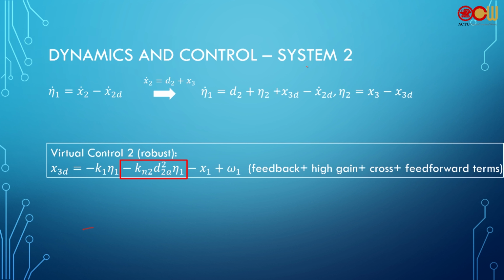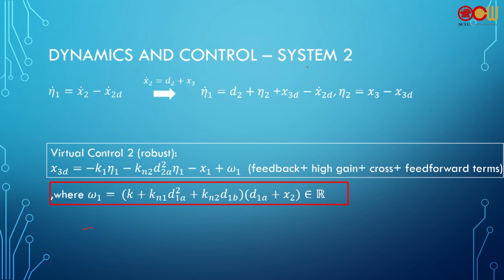In system 1 it is x1, but here it is eta 1 because we are doing tracking control for eta 1 going to 0. And x1 is a cross term, to cancel out with the cross term in another system. Omega 1 is the nonlinear term. It's a bit complex. So it's this. You will see omega 1 equal to this in a few minutes.